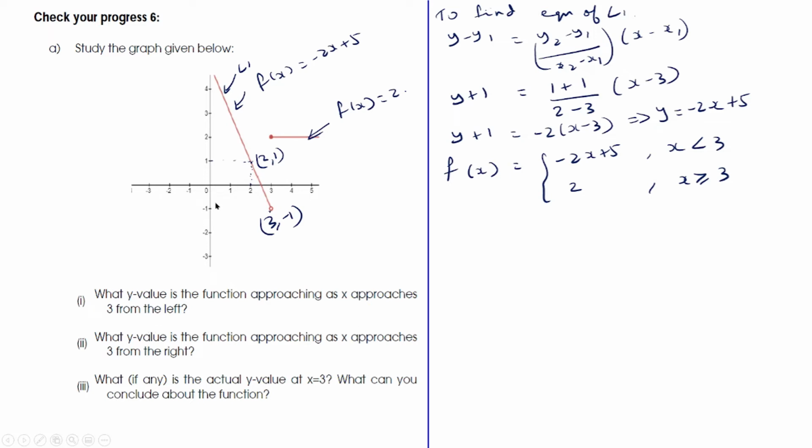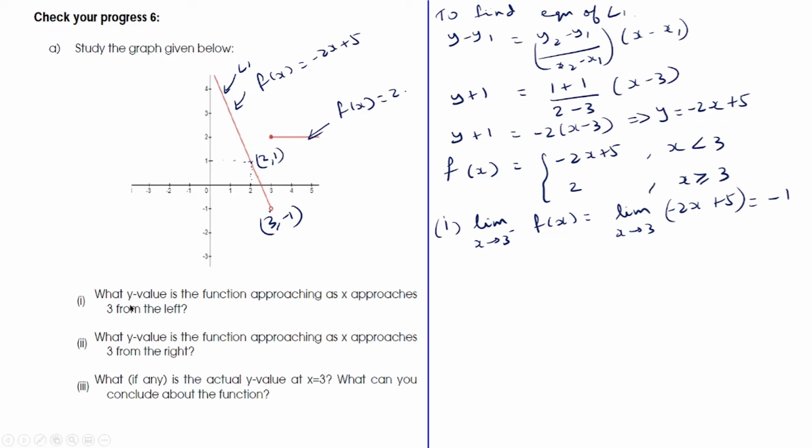So as x approaches 3 from left, we have to take this function. Limit x tends to 3 minus f of x is equal to limit x tends to 3 minus of 2x plus 5, which is equal to minus 1.